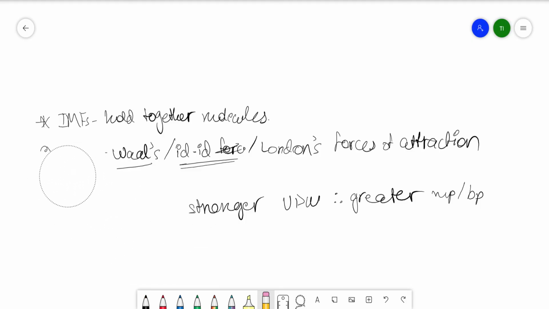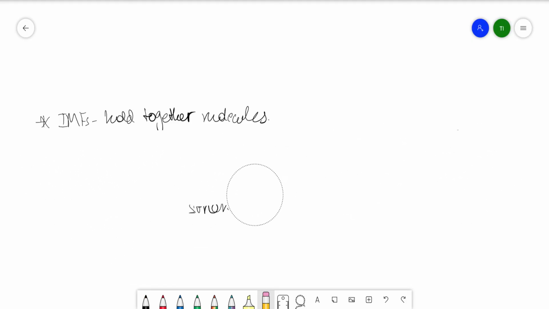The second intermolecular force is permanent dipole to dipole. This is when there's a difference between the electronegativities, for instance between C and O in a hydroxyl.